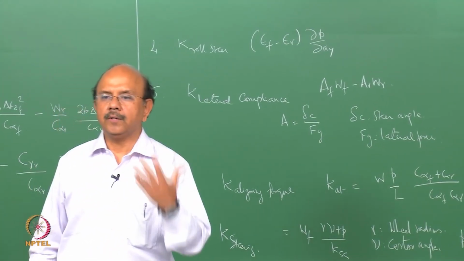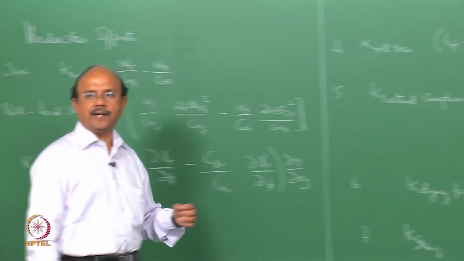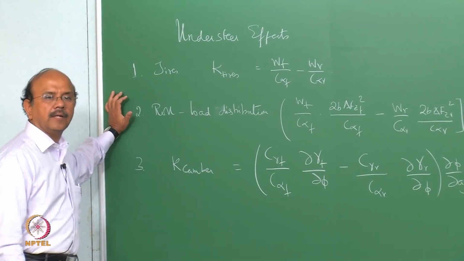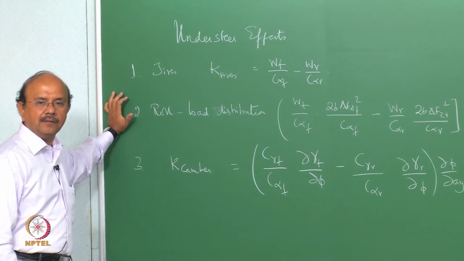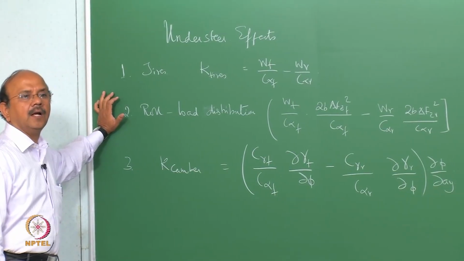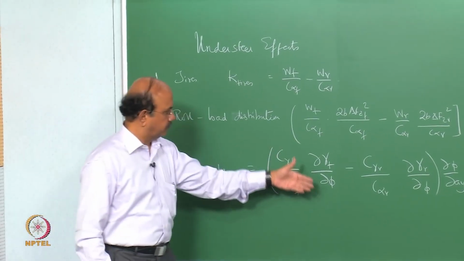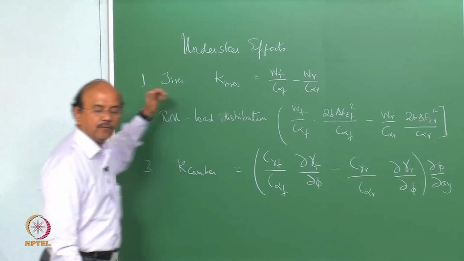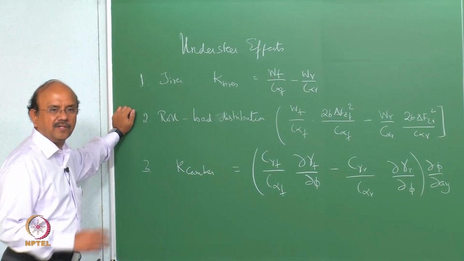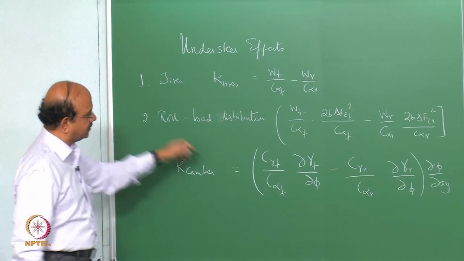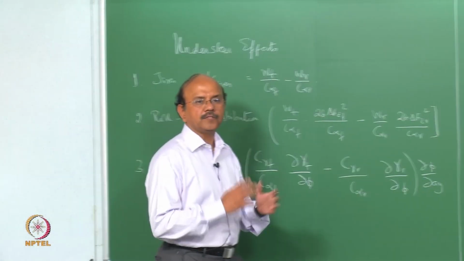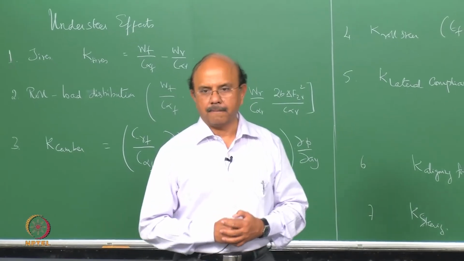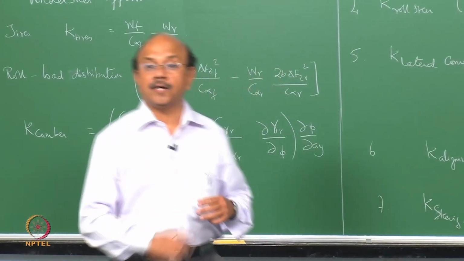Okay, so we saw that the slope of that curve, which we call the camber force versus camber angle, which we called camber thrust, the slope of that curve becomes important, and that's what we call, if you remember, C gamma f. Camber thrust is basically a force. I shouldn't say that this is the thing, but anyway, that's the slope of this curve between the force and the camber, right? This we saw also has an effect.